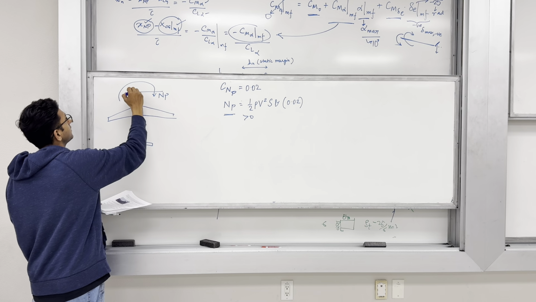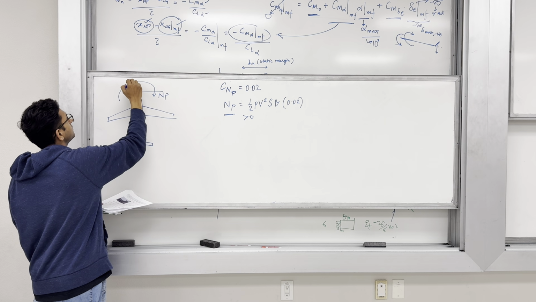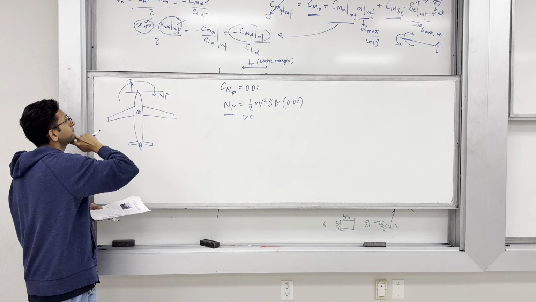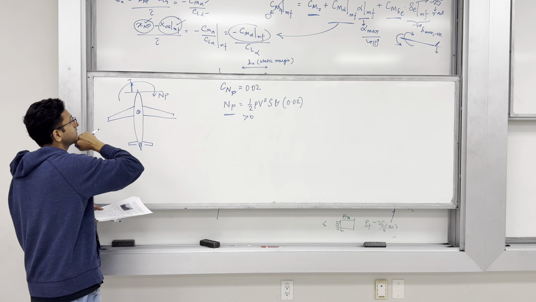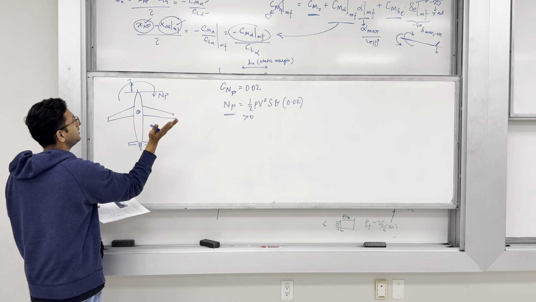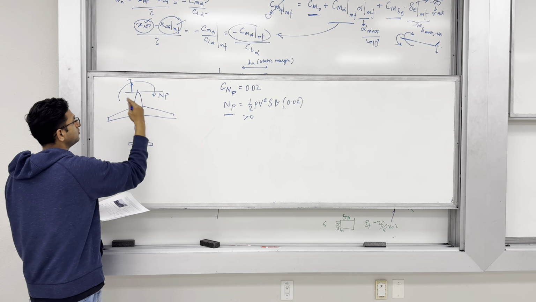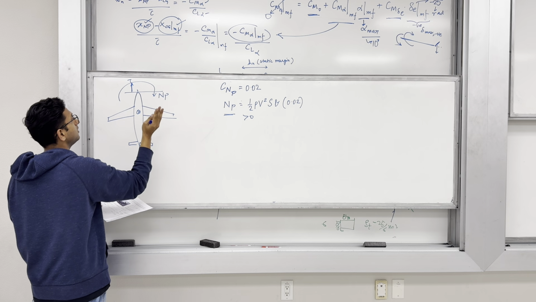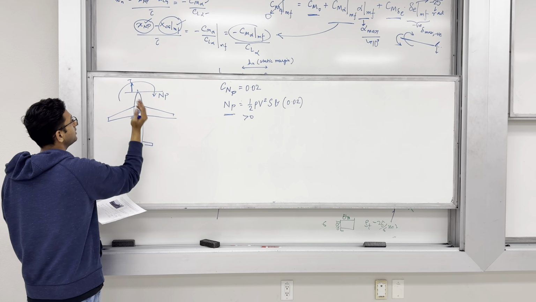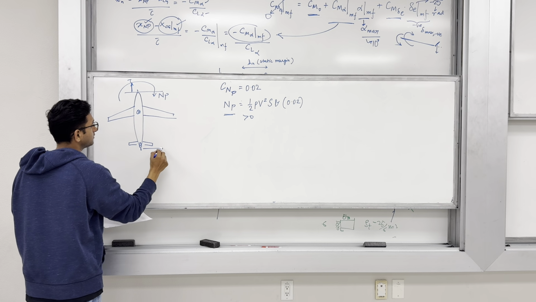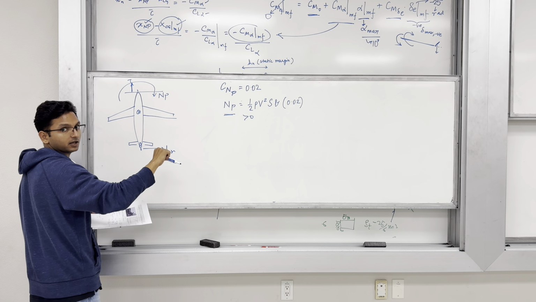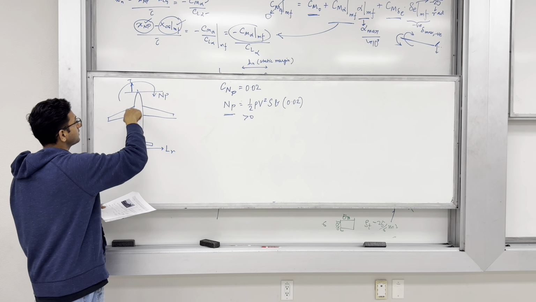Which means the thrust asymmetry must be like the thrust due to the propeller might be acting this way for some offset distance, which means that I need to provide a counter moment from the rudder which takes it the opposite way. To take it the opposite way, I need the small lift on the rudder to be in this direction, because the C g is somewhere here.